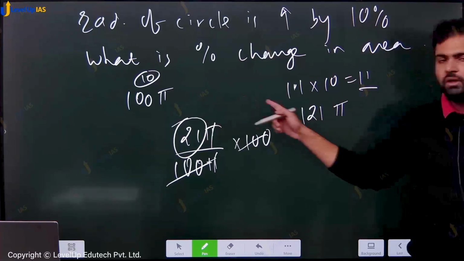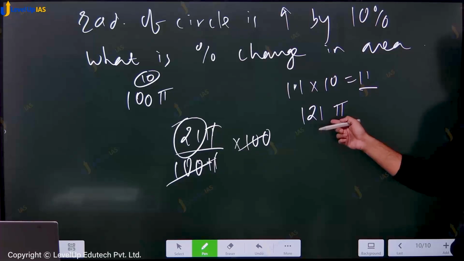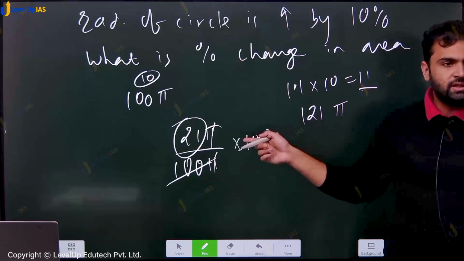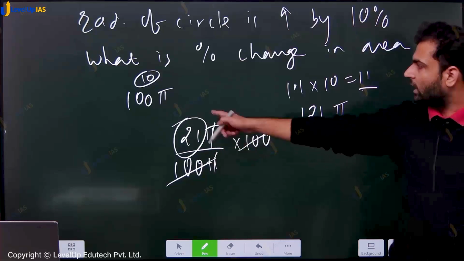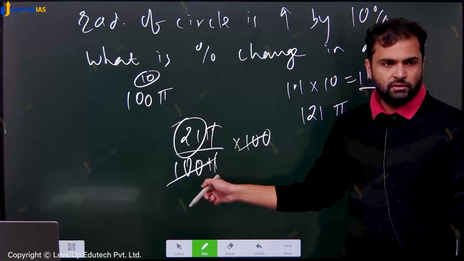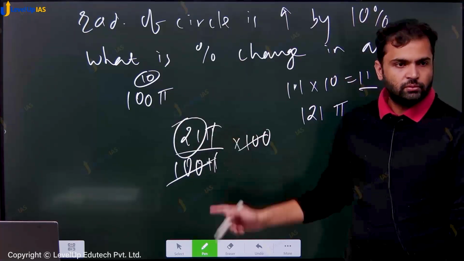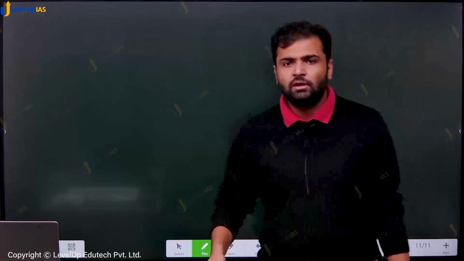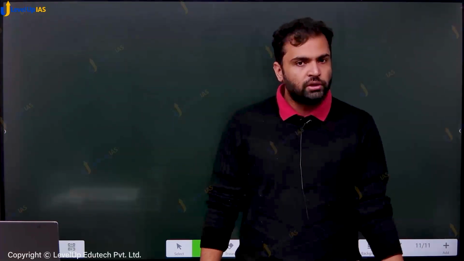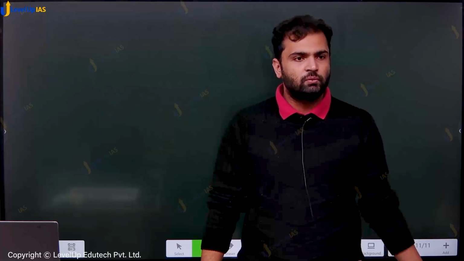So from 100 pi it becomes 121 pi. So net change is 121 pi minus 100 pi, 21 pi divided by initial area into 100. 21.